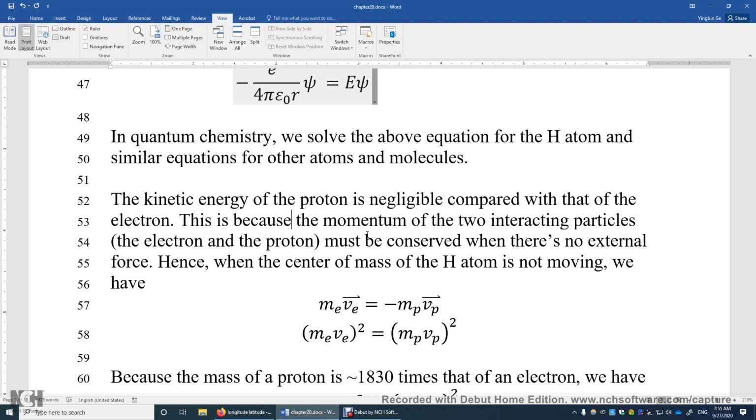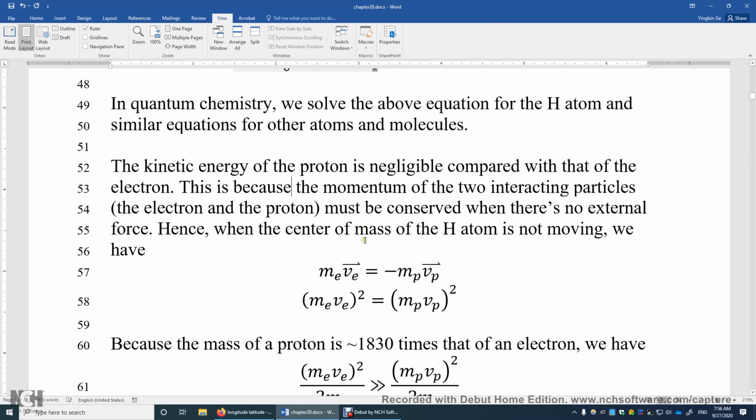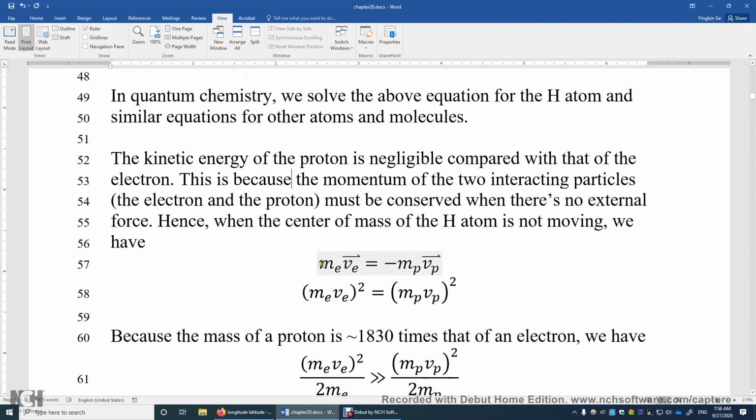Even if it's moving, if we focus on its internal energy, the translational energy of this hydrogen atom is not of concern. You can argue this hydrogen atom on Earth is rotating about the sun, but really I don't care about that. Let's say the hydrogen atom is not moving.